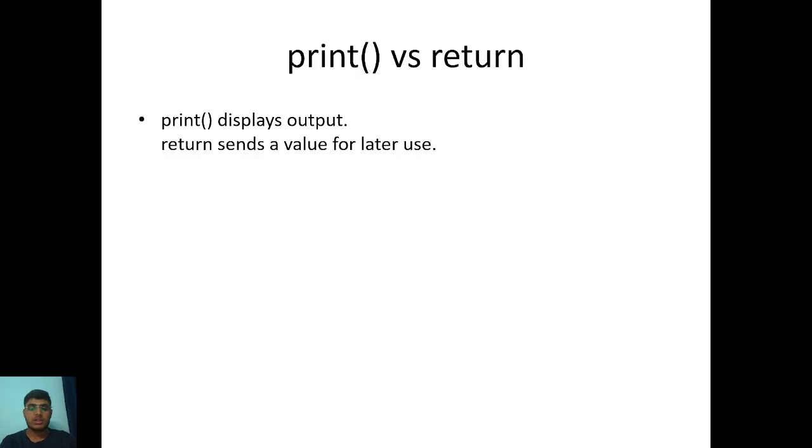A print statement cannot be reused in other calculations. A return statement can be stored in a variable and is reusable. Print is mainly used for displaying information. Return is mainly used for producing and passing results.